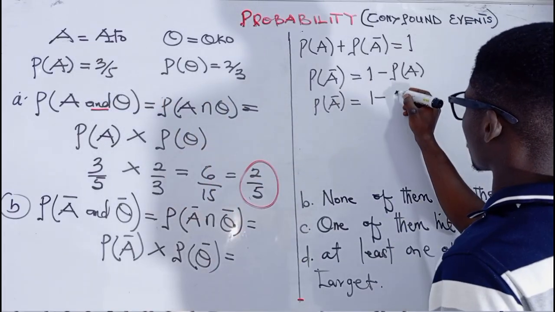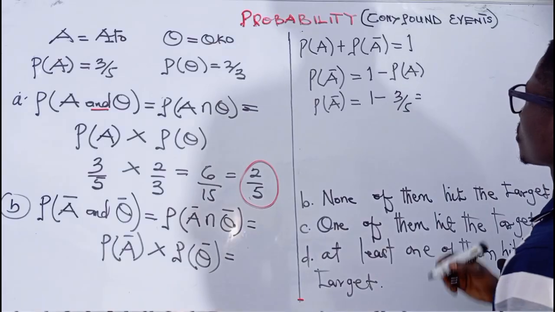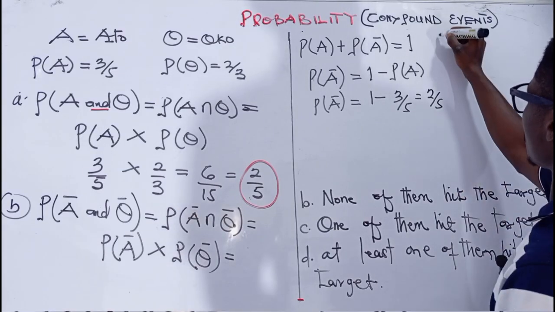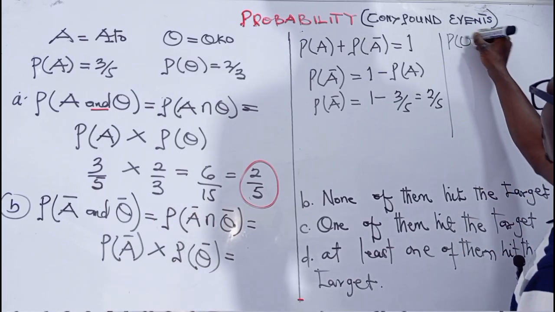We have 3 all over 5. And when you do your subtraction, you are going to get what? 2 all over 5.